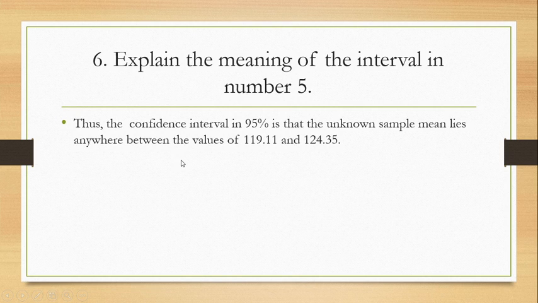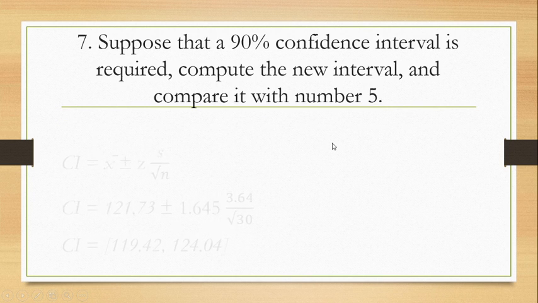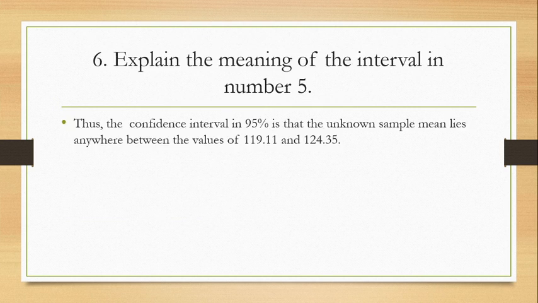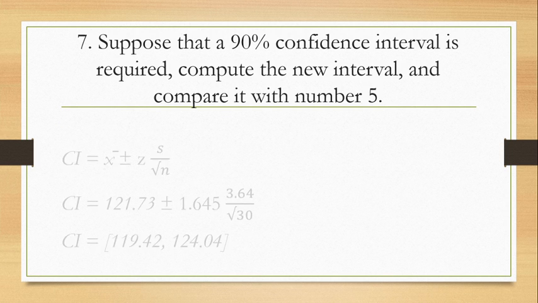As we can see, the values in number 5 are 119.11 and 124.35, while here they are 119.42 and 124.04.